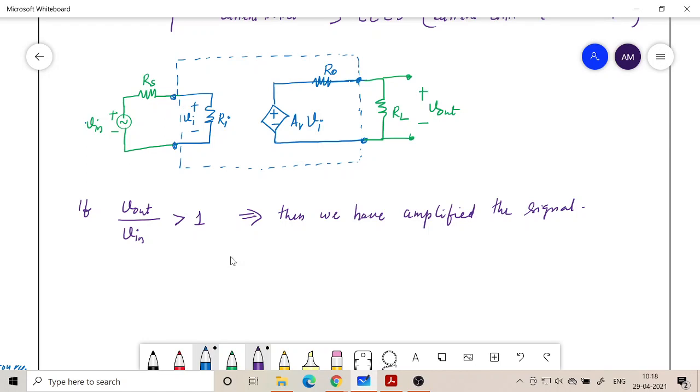So we need to find the condition under which this will be the case. Let's evaluate the output voltage. We need to write the KVL at the output side. So tell me what is the output voltage. There is a voltage source, plus minus.